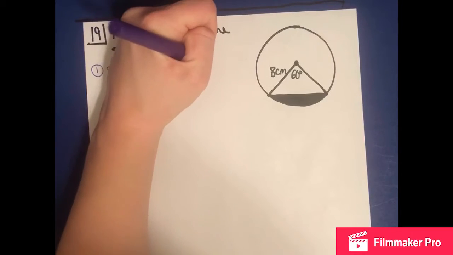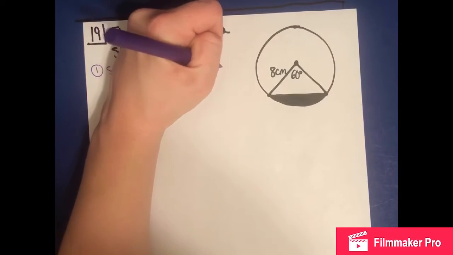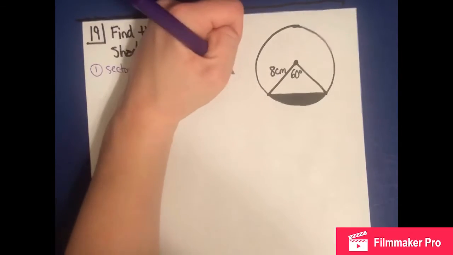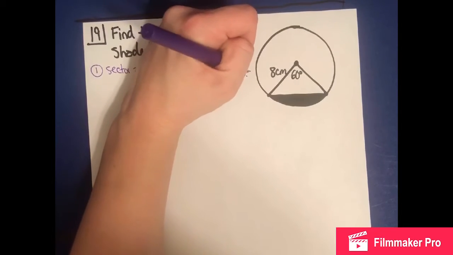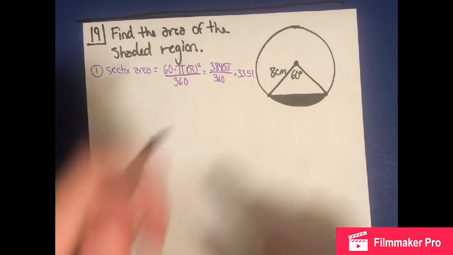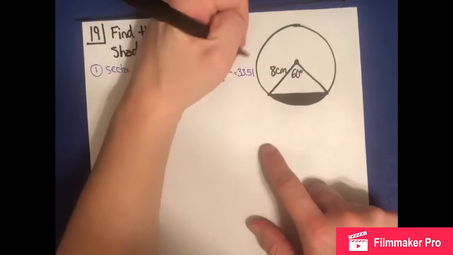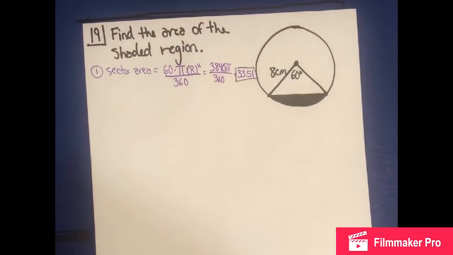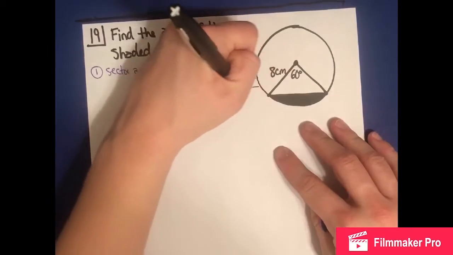We end up getting 3,840 pi over 360, which is equal to 33.51. You really only are going to be working with the decimal form, so this doesn't really matter to us. We don't need to be simplifying it. We just really need the decimal. So I'm done step 1.